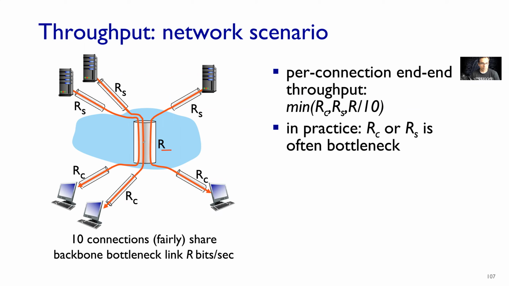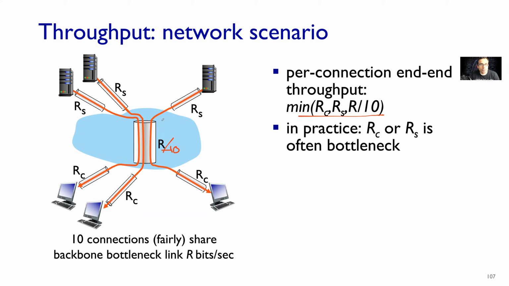Let's imagine all those 10 connections get an equal fair share of this capacity. So each of them is effectively going to get R by 10. In this setting, the average end-to-end throughput for each of those connections will be the minimum of RS, R by 10, or RC.